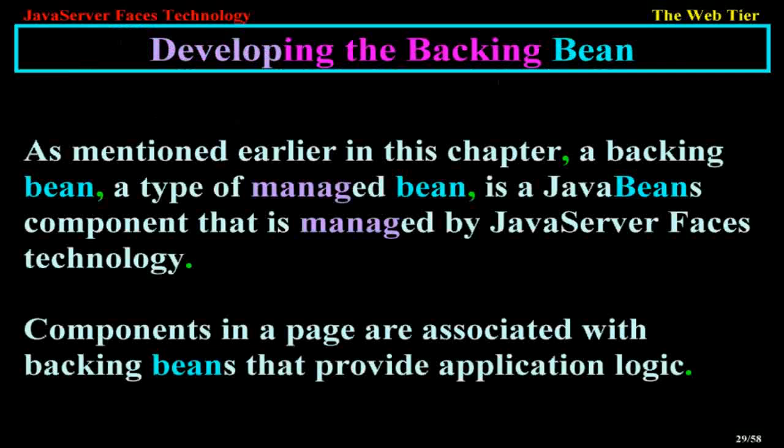As mentioned earlier in this chapter, a backing bean, a type of managed bean, is a JavaBeans component that is managed by JavaServer Faces technology. Components in a page are associated with backing beans that provide application logic.